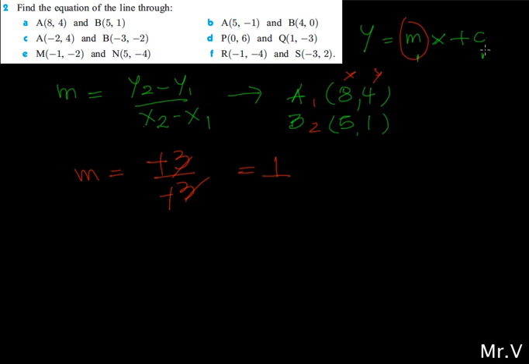Now what is missing, what I need to find now is c. And as in the last exercise, what you have to do is plug the values of a point in the equation, the x and y, and the slope, and then you isolate c. So I'm going to go faster here and I'm going to choose randomly one point. Okay, I'm going to choose the point A, just like that.